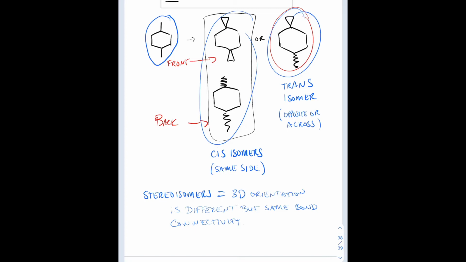As you can see, this particular structure right here does represent all three of these wedge and dash molecules that I've drawn, but with the wedges and the dashes, we're getting more specific, and we are making a note that the three-dimensional aspect of these is different. They can either be both pointing up or both pointing down, or they could be going up and down. And so that's stereoisomers.